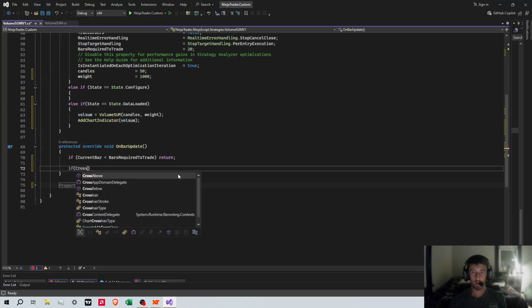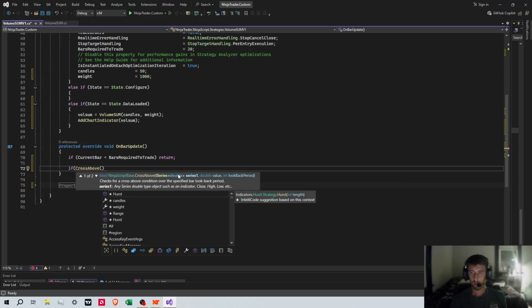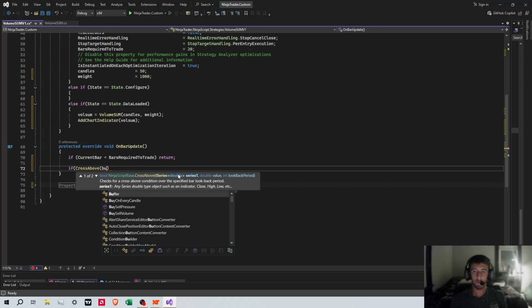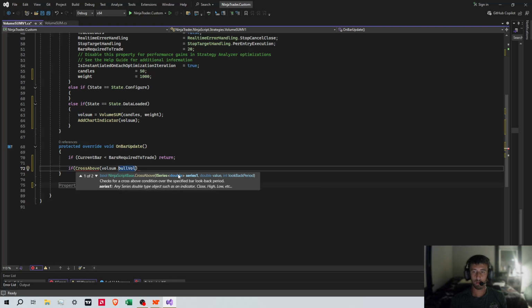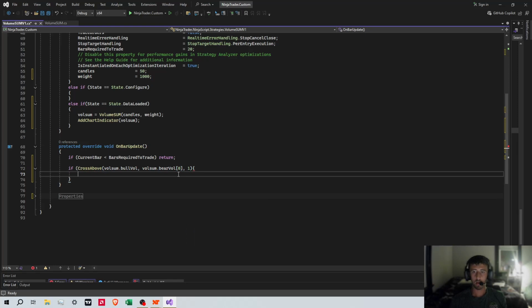We're going to do if cross above, so if the cross above vol sum dot full volume, so that crosses above vol sum dot bear volume, one candle back, and we enter long.